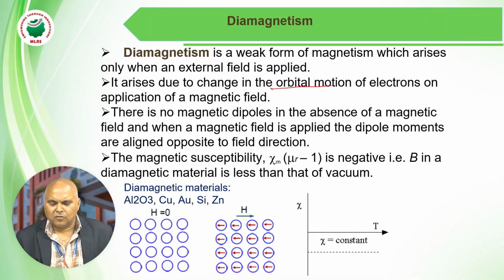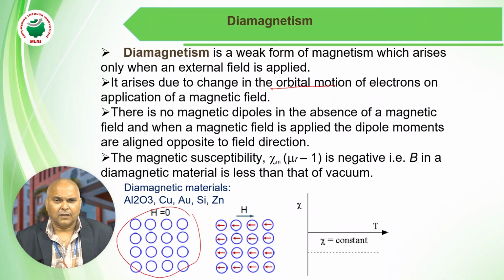Here there are no magnetic dipoles in the absence of a magnetic field, that is, at zero field. If you apply the magnetic field, the magnetic dipoles will form, and they will move in the opposite direction of the magnetic field. That's the behavior of these materials. What will happen if the magnetic field is applied?